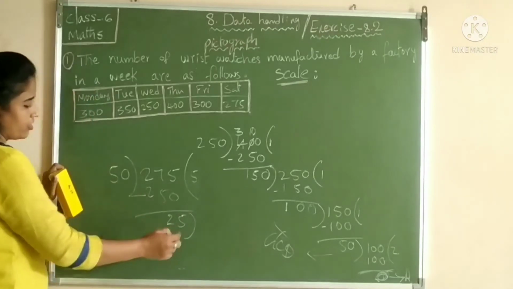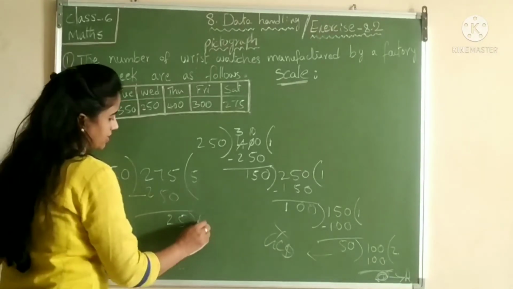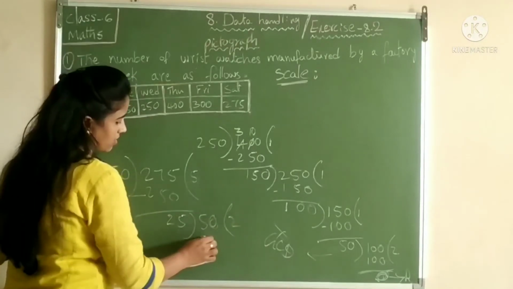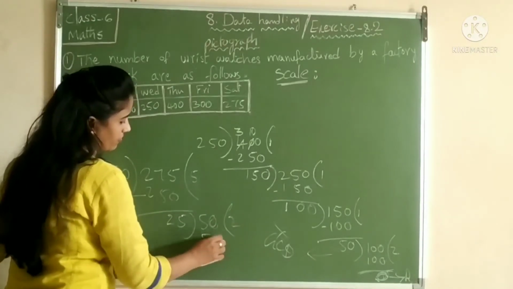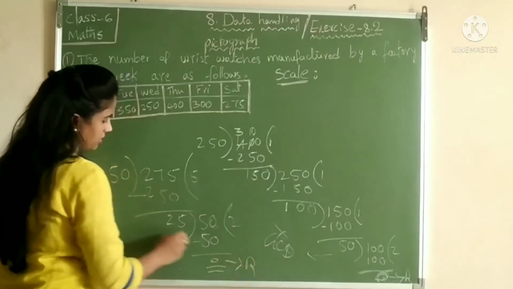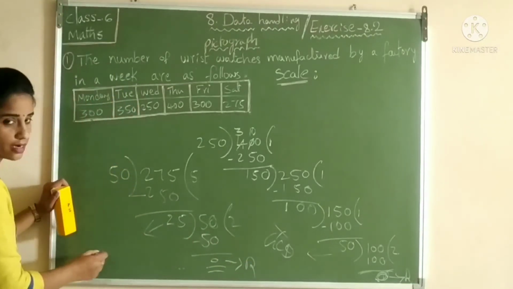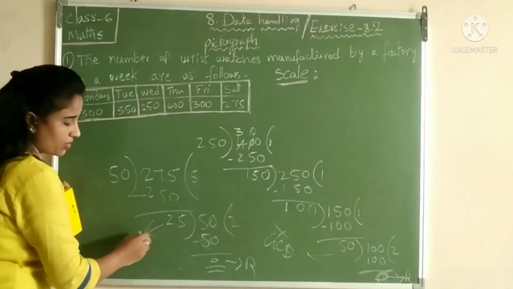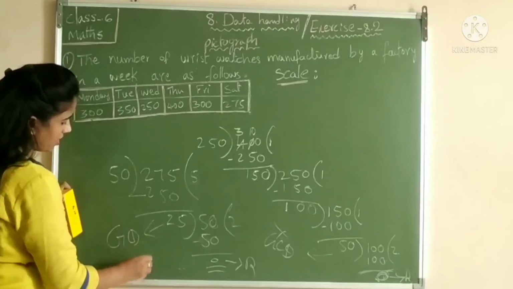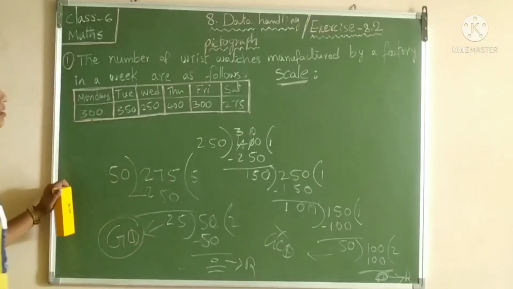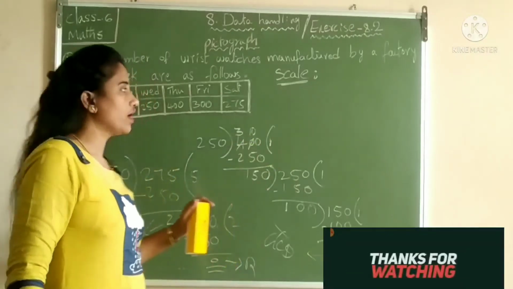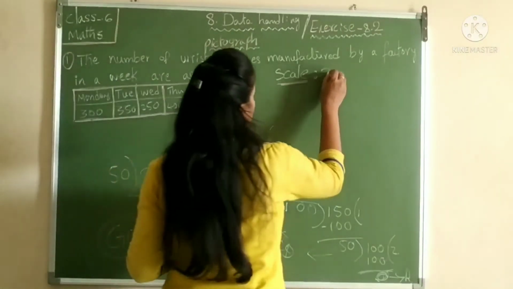Take 25 as a divisor and 50 as a dividend. 25 twos are 50. Okay, so this is the exact remainder. This is the GCD. So take the scale of the given data as 25.